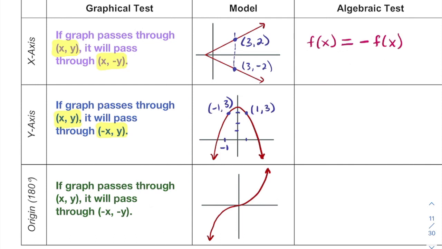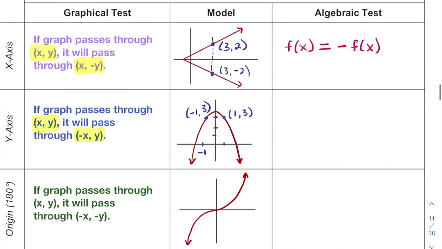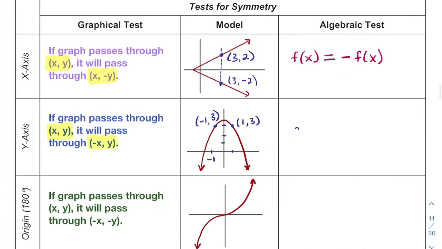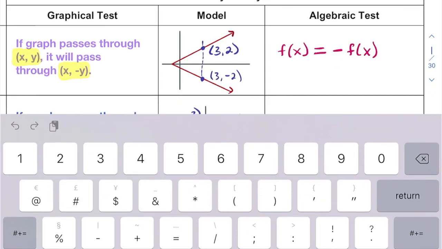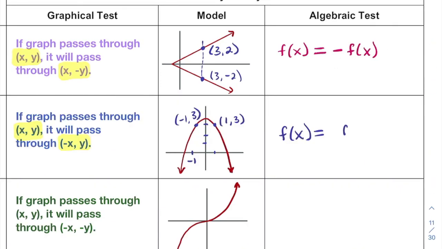For the algebraic test for the y-axis symmetry, rather than adding a negative to the whole equation, we want f of x to be equal to f of negative x.